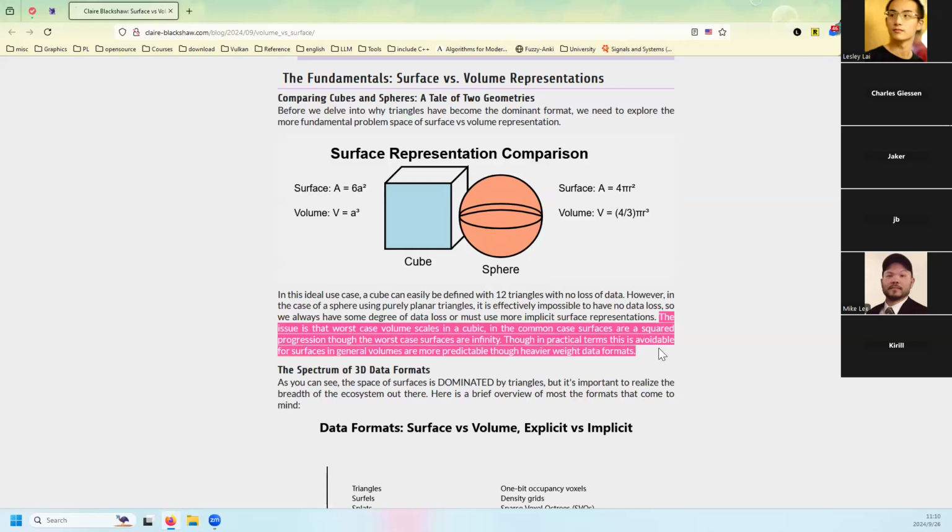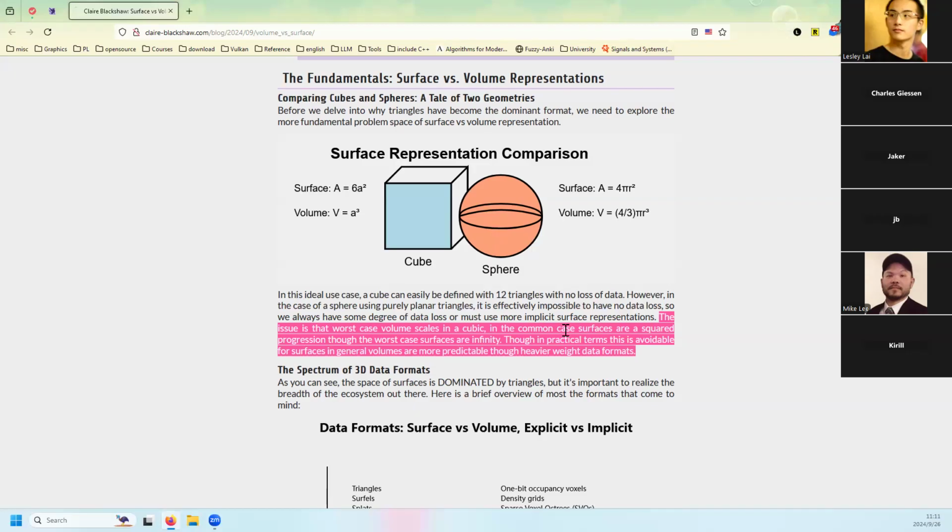I don't understand this sentence. Because volume scales, in the worst case, cubically. That part makes sense, I guess, because if you're storing it explicitly, that's kind of the worst case, because you have to store n cubed number of voxels.